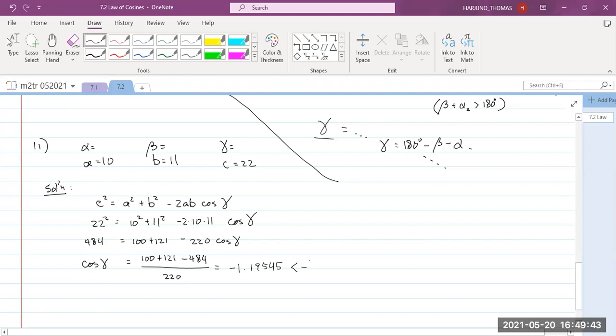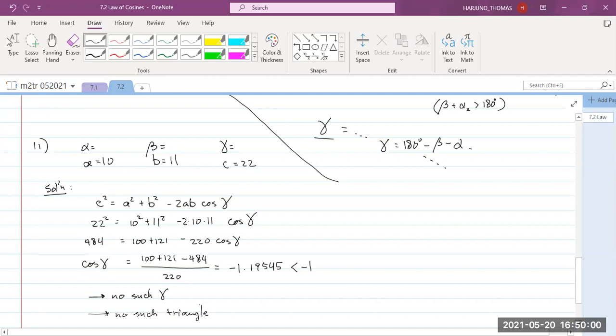But this is less than negative 1. So we have no such gamma, therefore no such triangle.